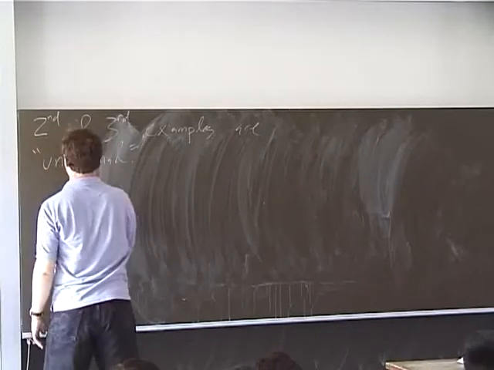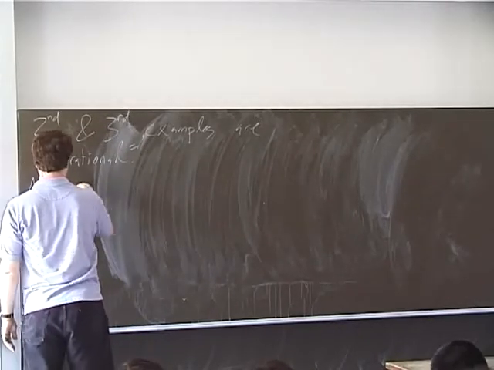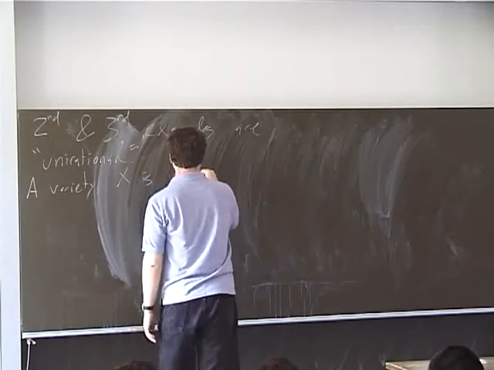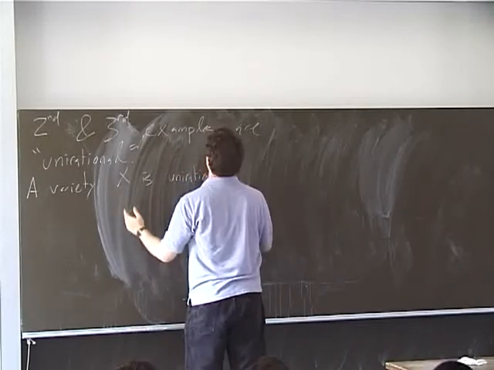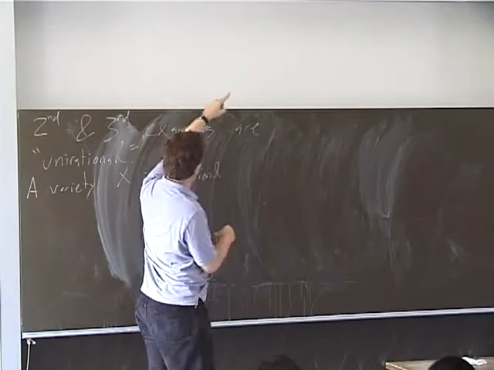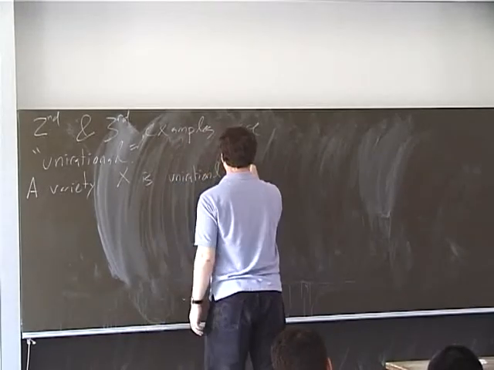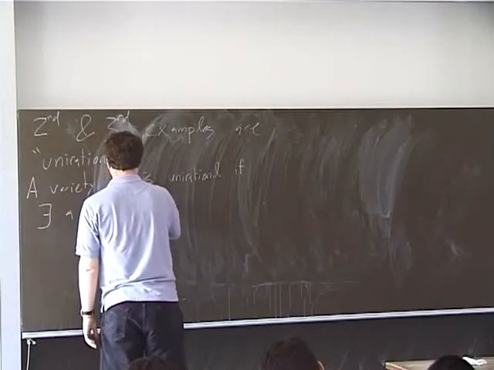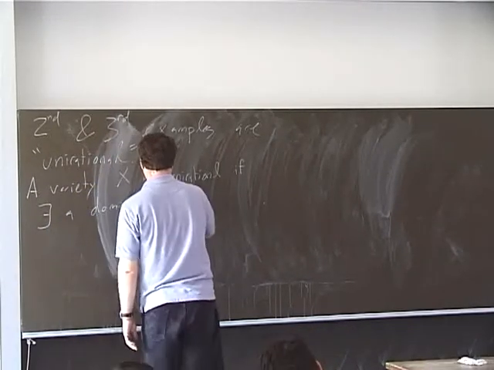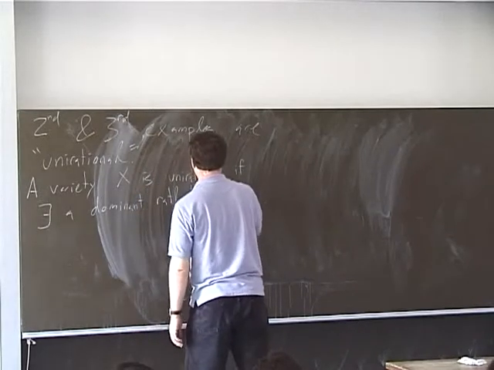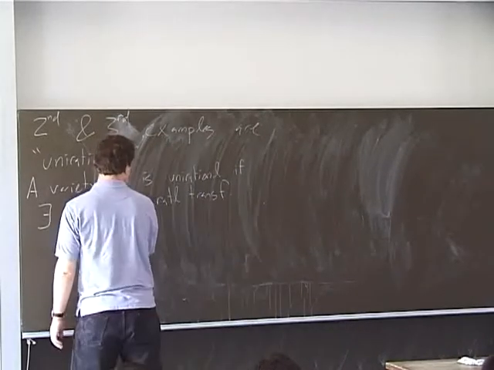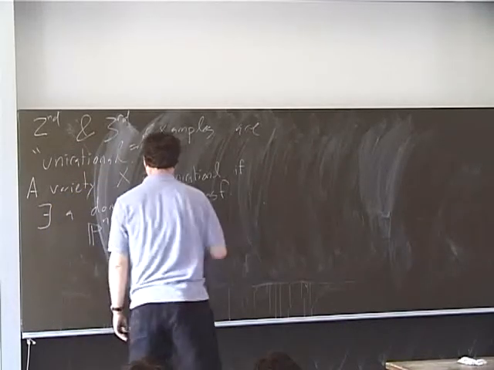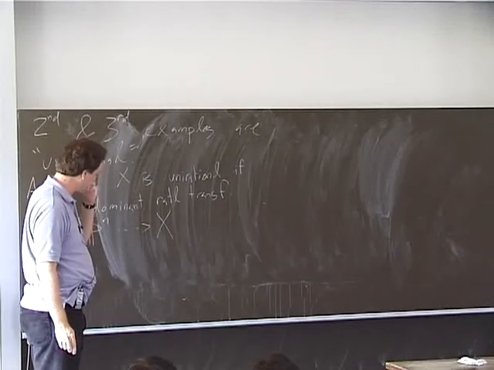A variety X, over a field, but I mean the base change over K bar, is unirational if there exists a dominant rational transformation from projective space to the variety. So it's a quotient of projective space, a dominant rational map P^n to the variety. So it's dominated by projective space.